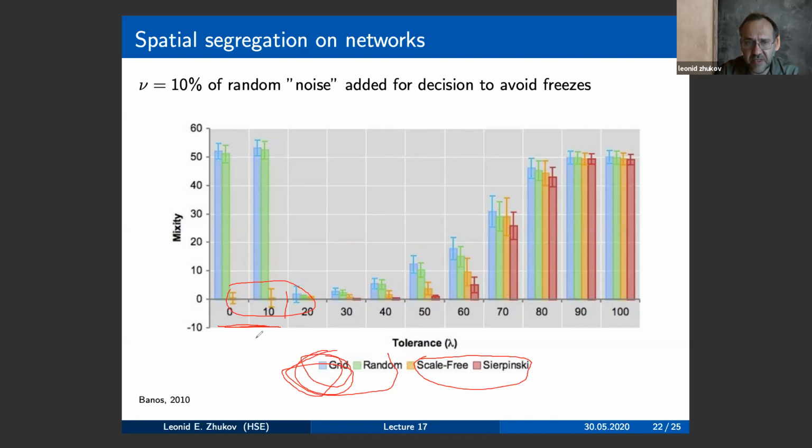And then you see that there is a huge difference at low tolerance between the regular grid, random, and networks that have clusters in them. So it looks like this effect is due to clustering, which actually tells you that from the point of view of city construction, if you think about roads and you're building those small enclaves separated by freeways, they encourage this segregation, right?